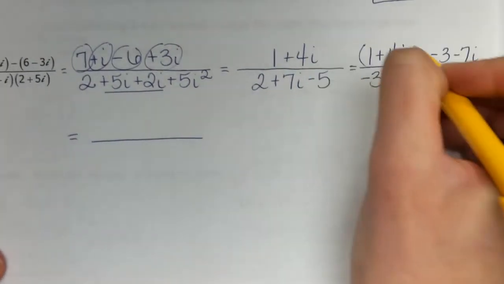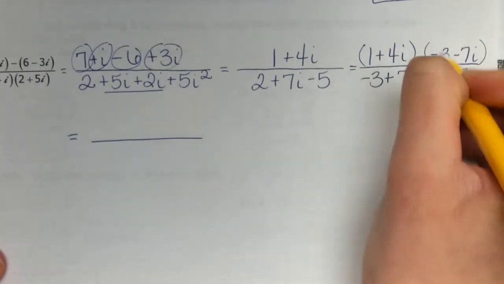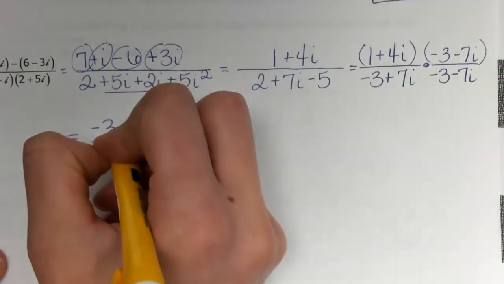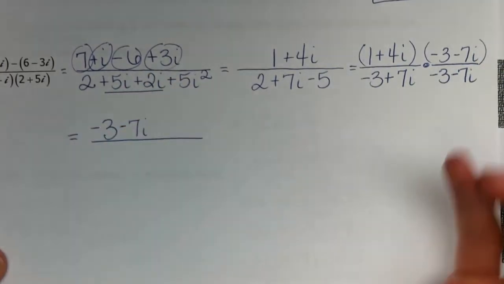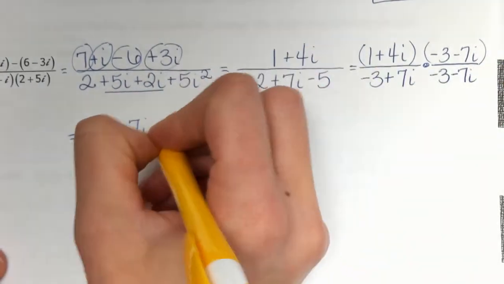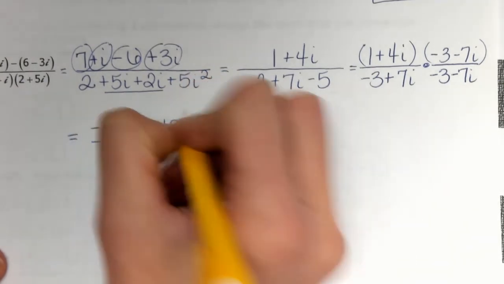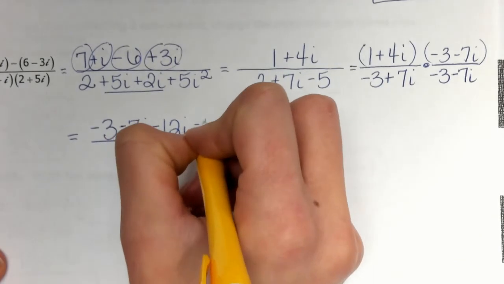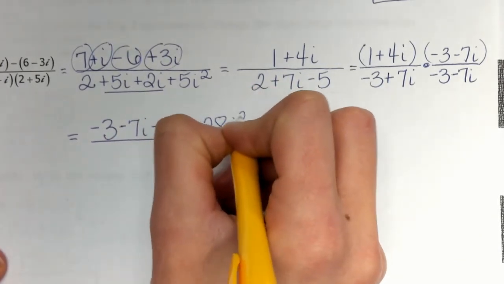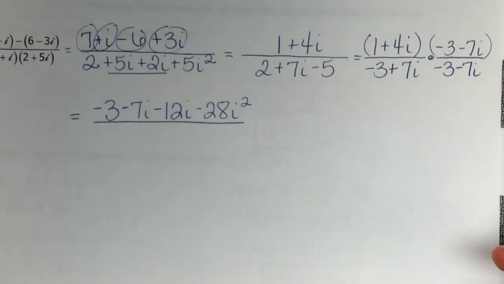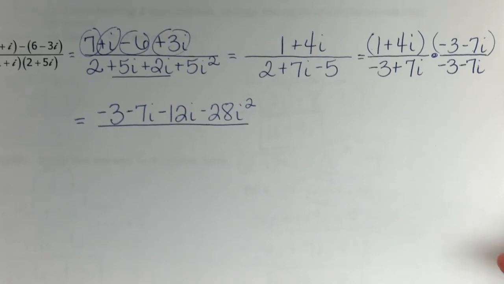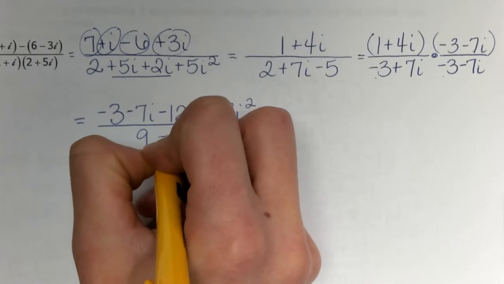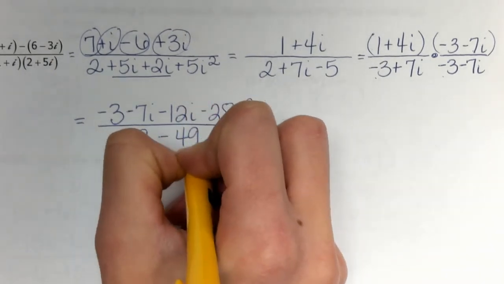Okay, so I'm going to FOIL the numerator. 1 times negative 3 is negative 3. And then 4i times negative 3 is negative 12i. 4i and negative 7i is negative 28i squared. Okay, and then my bottom, negative 3 times negative 3 is 9 minus 49i squared.